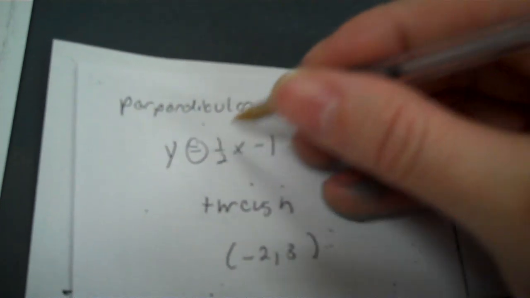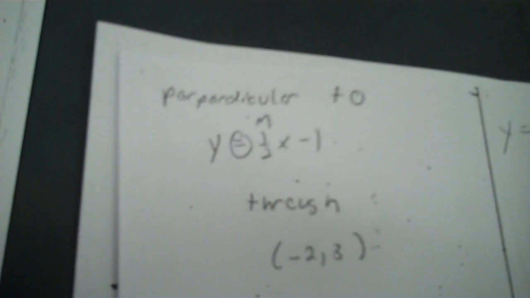Okay, next problem. Now the game changes. Now it's not parallel, it's perpendicular. Perpendicular, you make the slope over here a fraction. If it's not, reciprocate it and change the sign to opposite. I mean, it pretty much tells you right there what to do. So to find the m, I look at this equation. The y is by itself, so in front of the x is my slope.